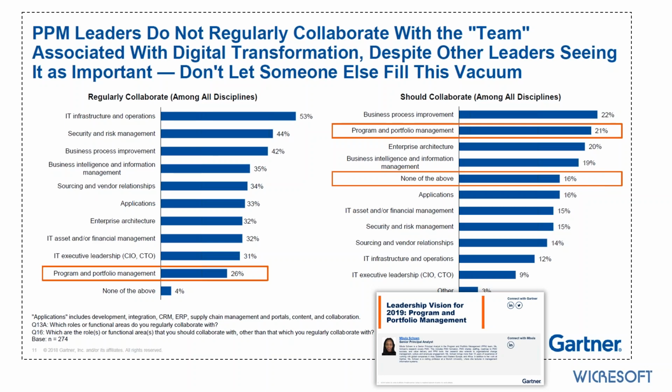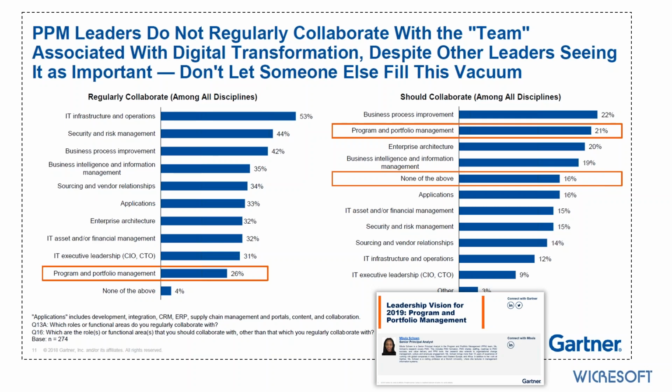surveyed people doing digital transformation across a number of organizations, and talked to those leaders and people involved in digital transformation, what they found was that the people they were actually collaborating with, at the bottom of the list, were program and portfolio management.